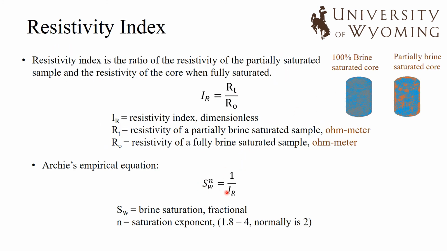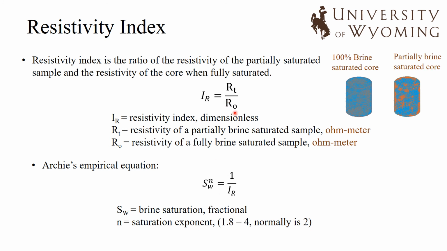The Archie equation is Sw to the power n is equal to R0 by Rt, or 1 over IR, where IR is the resistivity index. So it's actually R0 over Rt is equal to Sw to the power n. And n is just a saturation exponent that has a range between 1.8 and 4 and is generally 2.